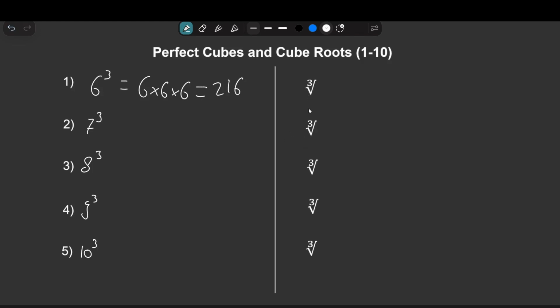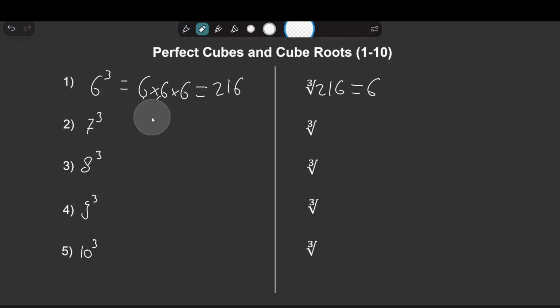So now, just like before, we know that the cube root of 216 will equal 6, because 6 times 6 will equal 36, and 36 times 6 will equal 216, as you can see here.